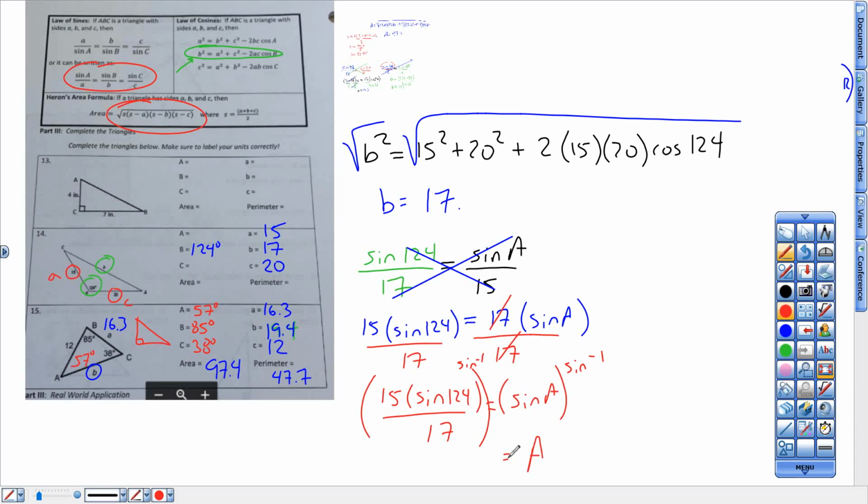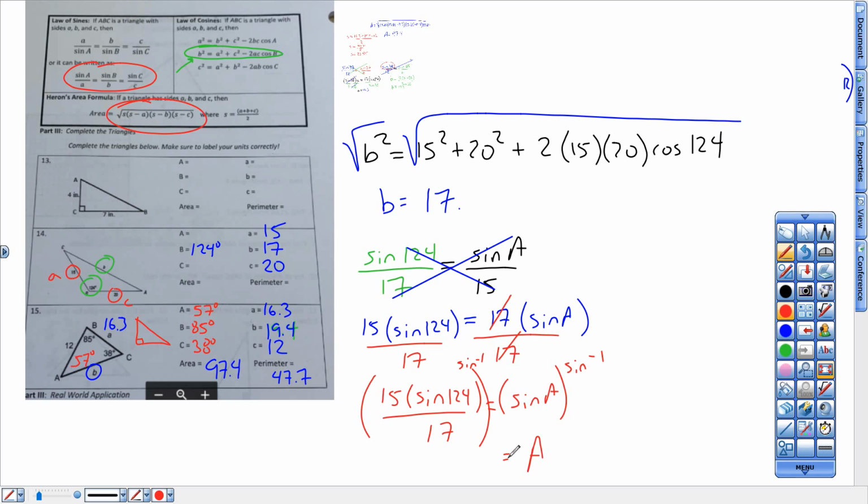We'll see. So here you go. Double parentheses. 15 times sine 124 divided by 17. Let's try that again.